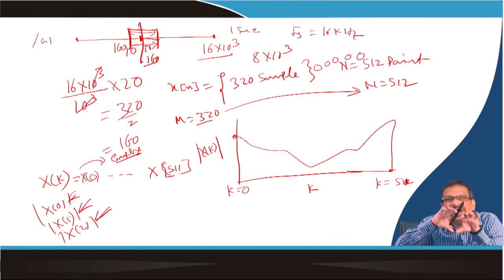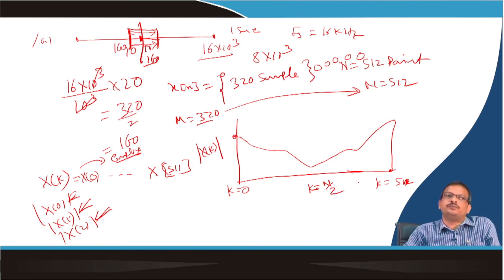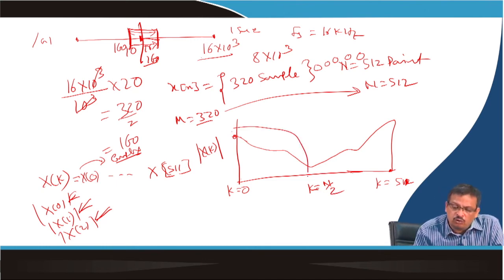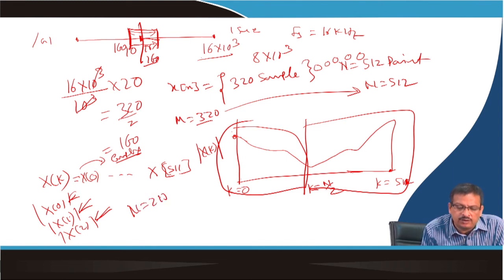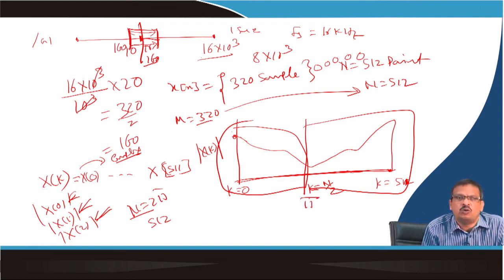You can see you get a symmetrical plot at k equal to N by 2. So this portion will look the same as this portion. Why? You have seen that omega is equal to 2 pi. So I have divided the 2 pi frequency into N number of samples, which is 512. So N by 2 is nothing but pi. I know the baseband signal frequency can vary from 0 to pi or 0 to minus pi.